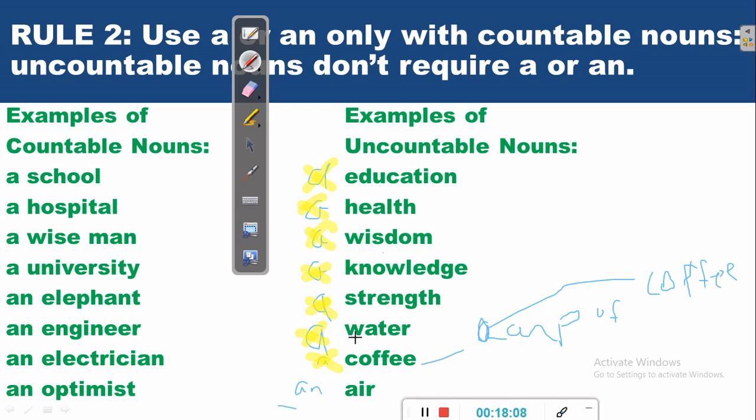Now, some uncountable nouns can be pluralized or singularized when we give them a special meaning. For instance, if we pluralize water, then we are no longer talking about water generally, the liquid we drink or use for our domestic purposes.